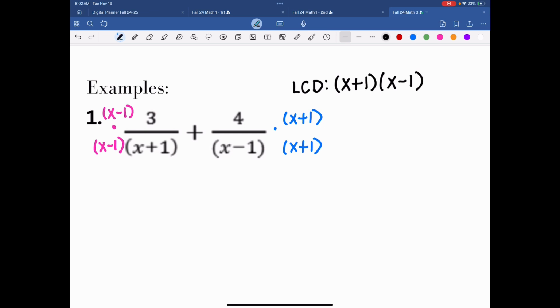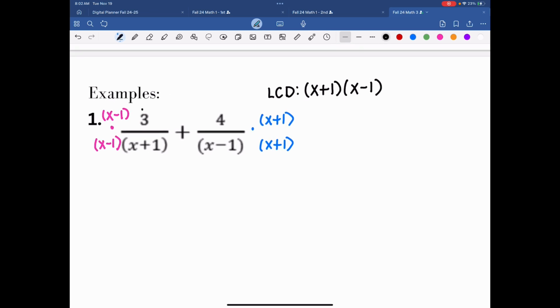Alright, so when we multiply here, we're going to distribute this 3 to the x and to the negative 1. So that's going to become 3x minus 1 over, and I would leave these in the form in which they're already factored because we may need to simplify later. So again, we're going to distribute the 4 to the x and the 4 to the 1. So this is going to be 4x plus 4.